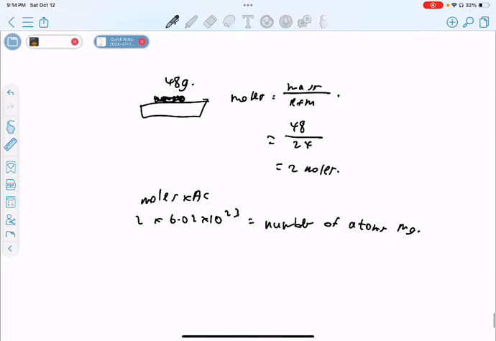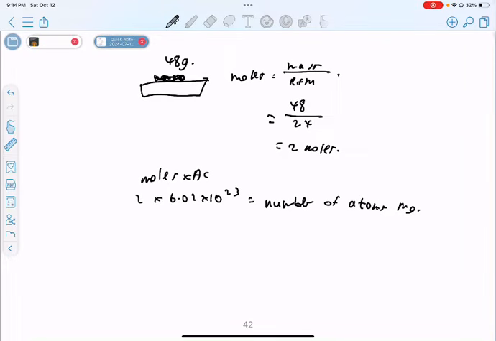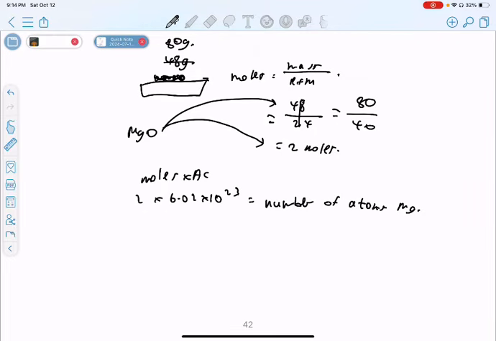Now let's say instead of Mg, this was MgO, okay? And let's say your answer is still 2 moles. Actually, when you change the Mg, it'll change here also. So the RFM will be 40. So let's make the mass of the MgO 80 grams. So it will be equal to 2 moles, okay?